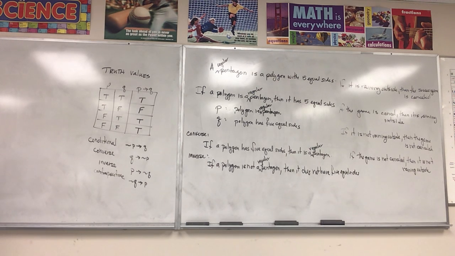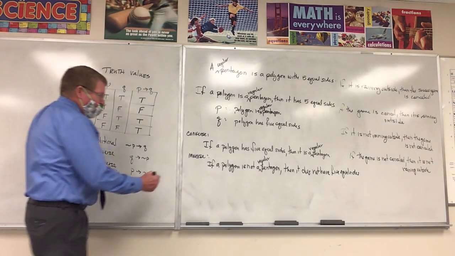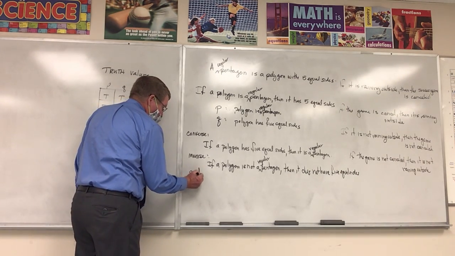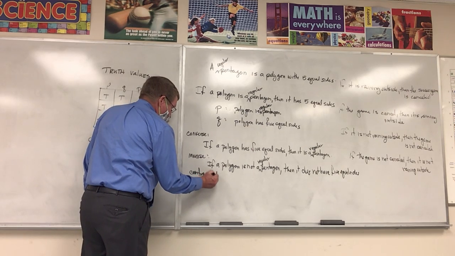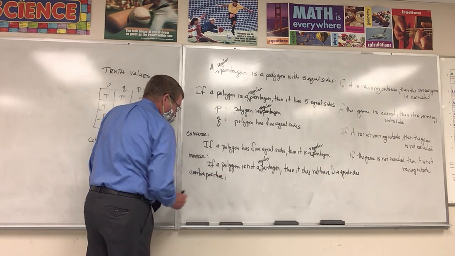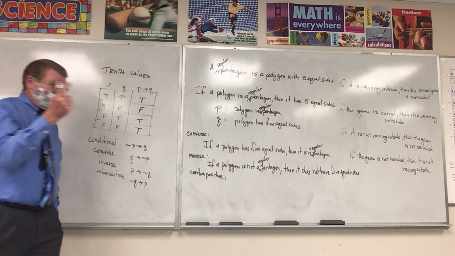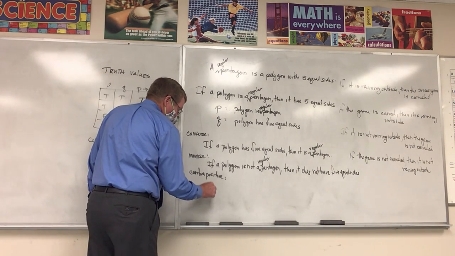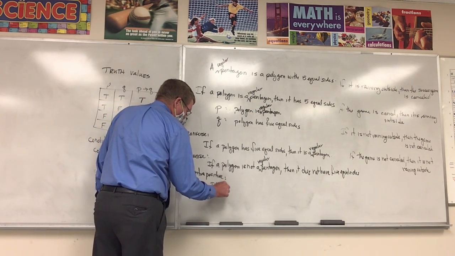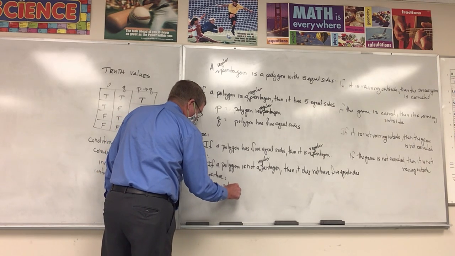Just a normal pentagon would just have 5 sides. Then there's a contrapositive. Would be what? If the polygon does not have 5 equal sides, then it is not a regular pentagon.